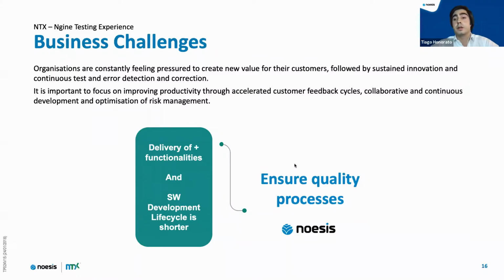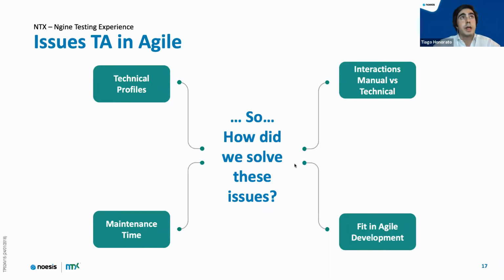With test automation, we can test a little bit faster, but we weren't happy with the results. That was the cause for creating NTX, and we had four main issues.